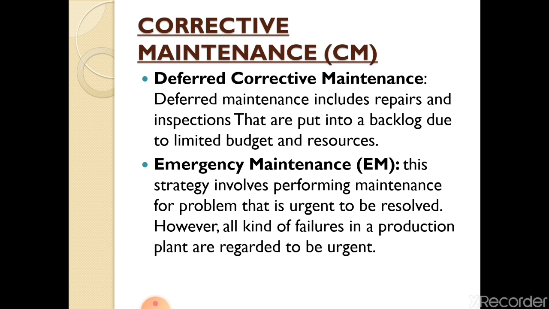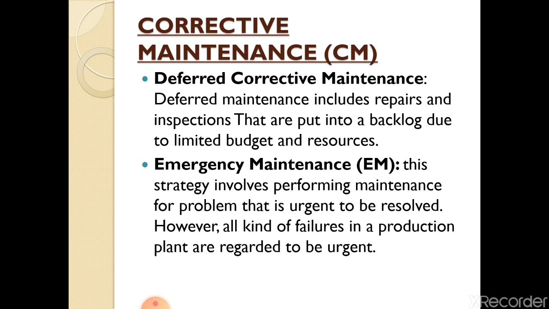So at this time the repairs or the maintenance will be done a little later, because for these repairs there will be a huge budget, or the source of funds is not available.